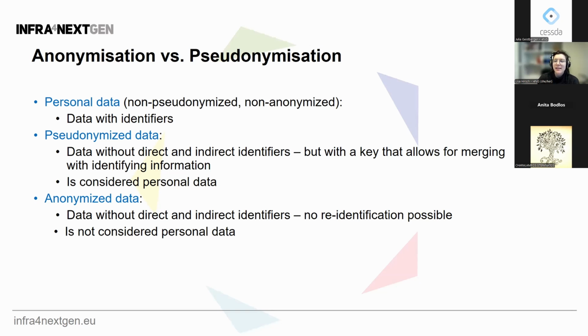And that is still considered personal data. So the GDPR still applies to that type of data. However, anonymized data, data without the direct and indirect identifiers and without a key, where no re-identification is possible, is not considered personal data. So that is something to keep in mind and be aware of, depending on which terminology your institution also uses.